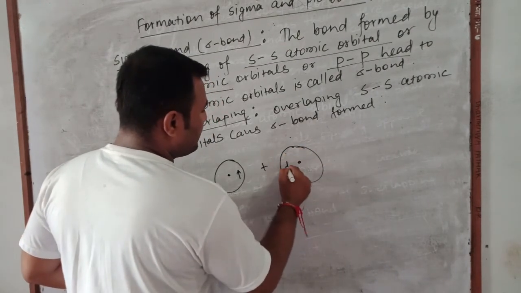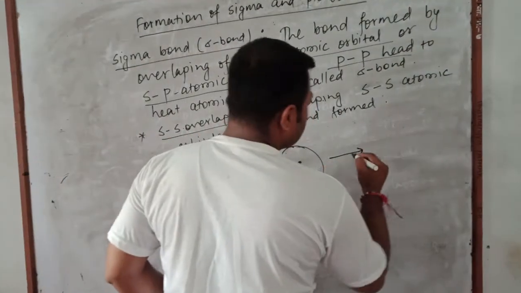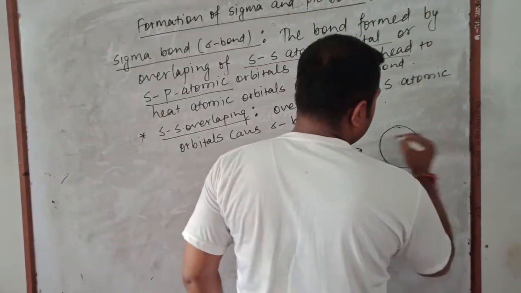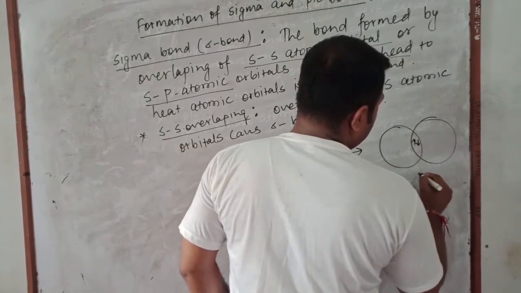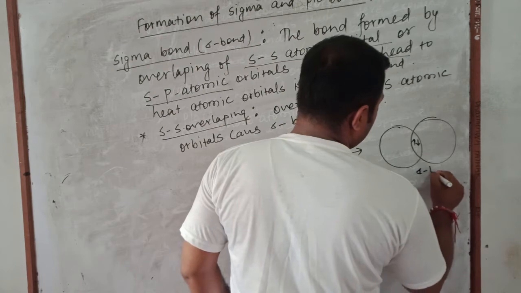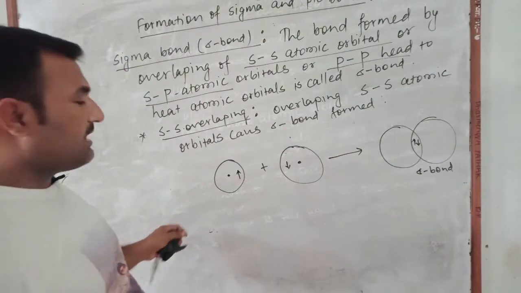When overlapping takes place, it forms a bond, and it is called a sigma bond. A sigma bond is formed by ss overlapping.